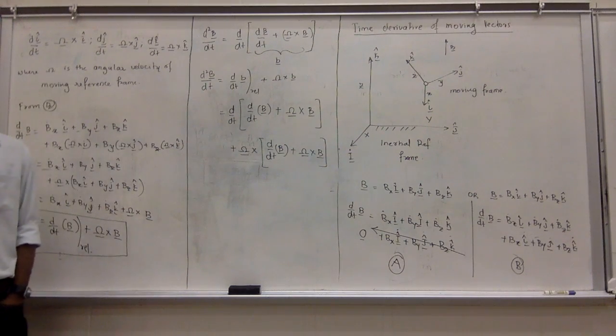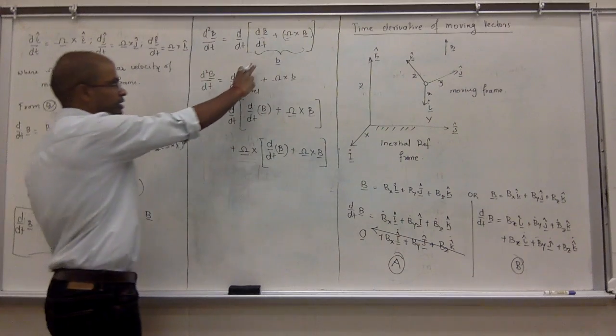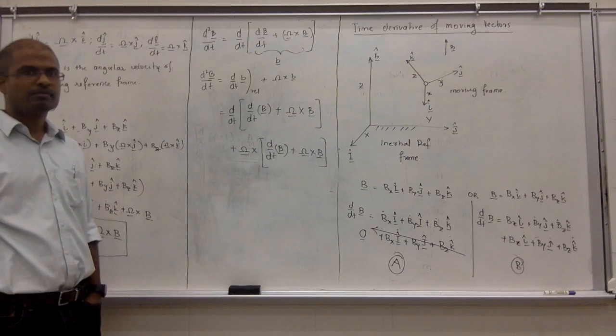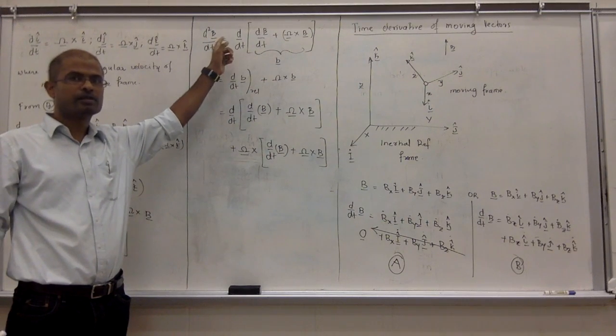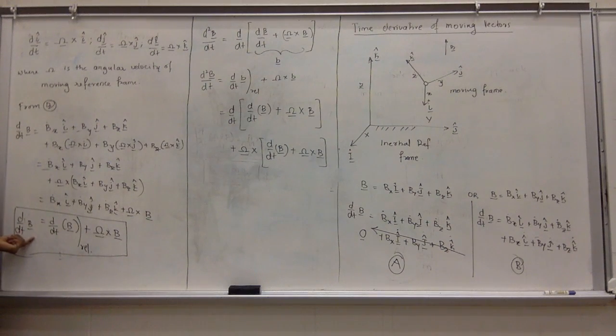What did I do here? Are you able to follow? No. So you understand this? The double derivative of b is the derivative of this quantity, right?